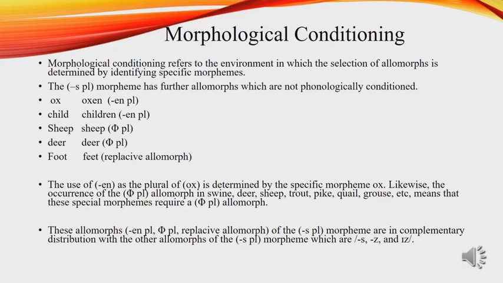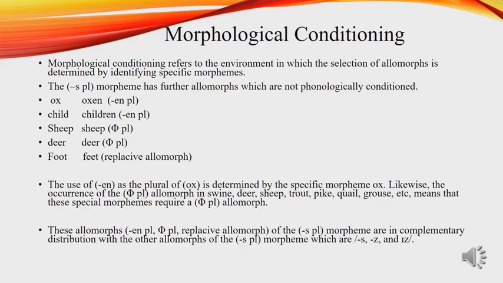Another example is the word child that becomes children when it is plural. Notice that here also we have en plural allomorph, one of the allomorphs of the S plural. Why do we use the en allomorph in this word?